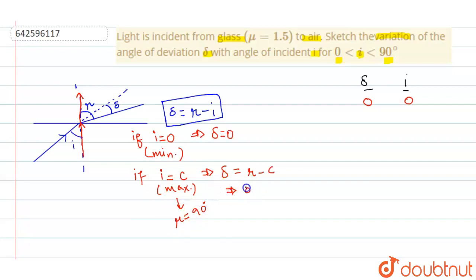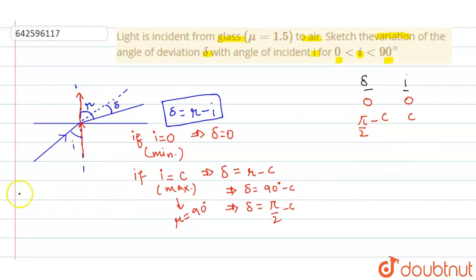So delta will be 90 degree minus C, or we can say delta is equal to pi by 2 minus C. Therefore, for I equal to C, delta is equal to pi by 2 minus C, right?